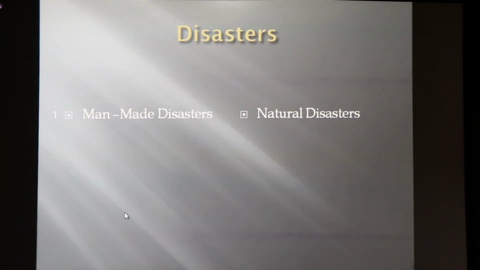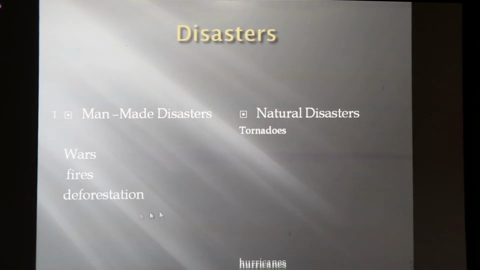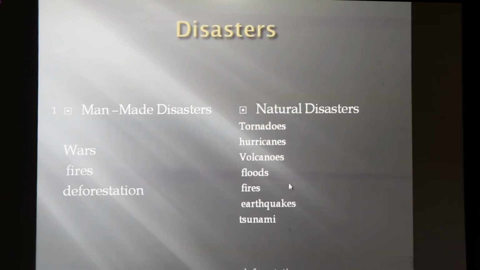If we consider the words that we have seen in the last picture, we know that wars are certainly man-made. Fires, deforestation, pollution are man-made, while tornadoes, hurricanes, volcanoes, floods, earthquakes, and tsunami are natural disasters.